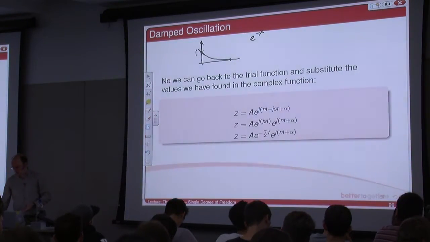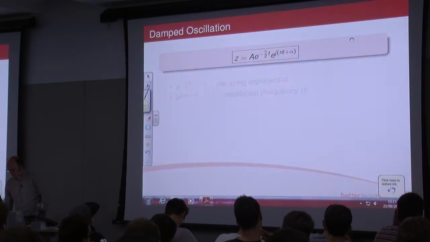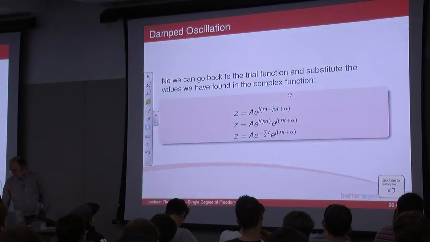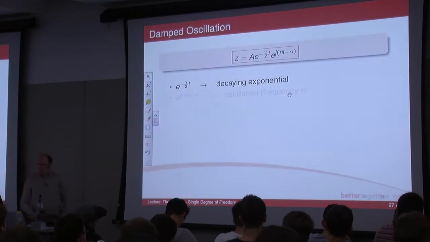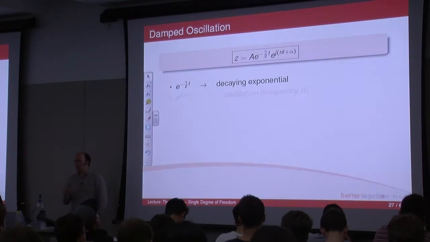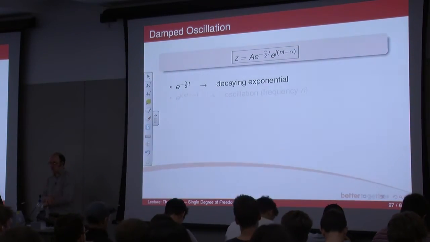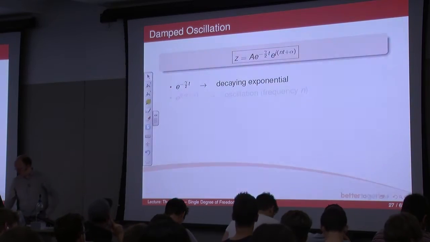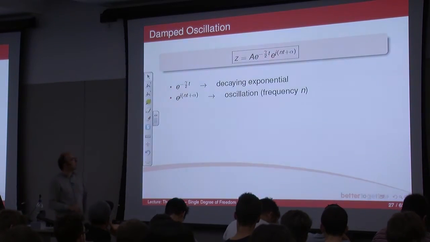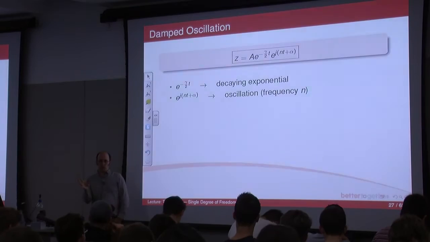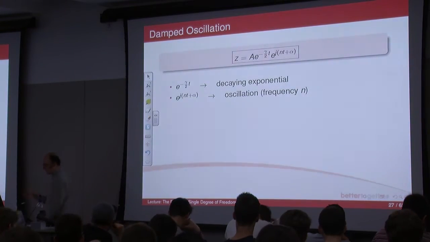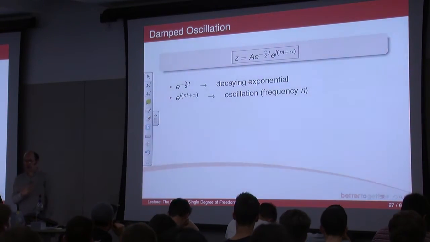So like I said, e to the minus gamma upon 2 times t is a decaying exponential, and e to the j times something we know as an oscillation with a frequency of n in this case.